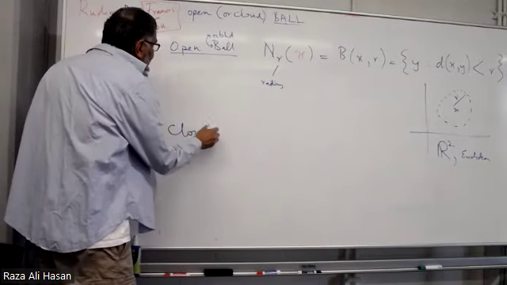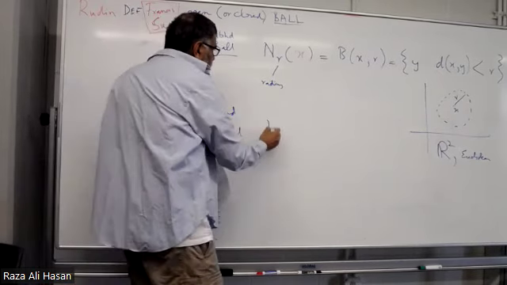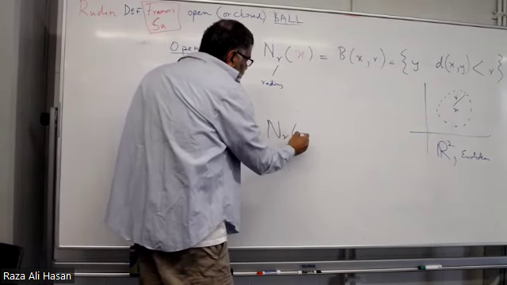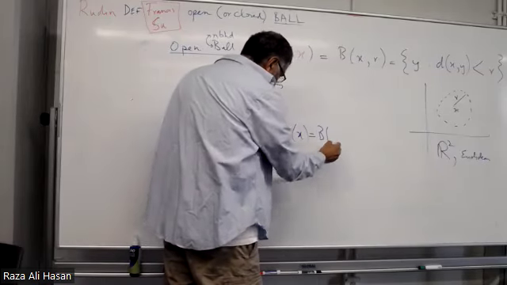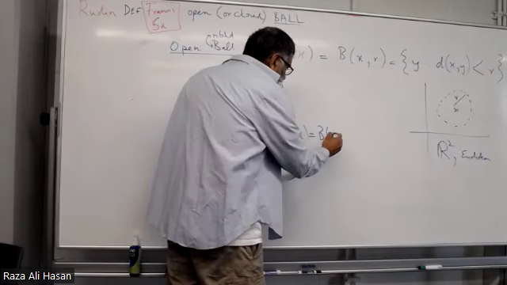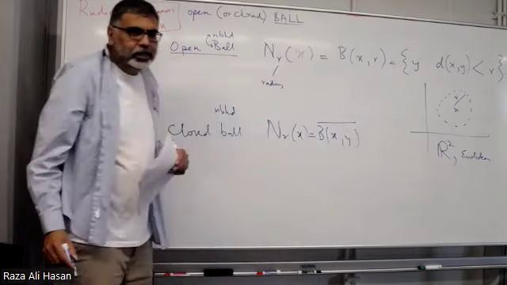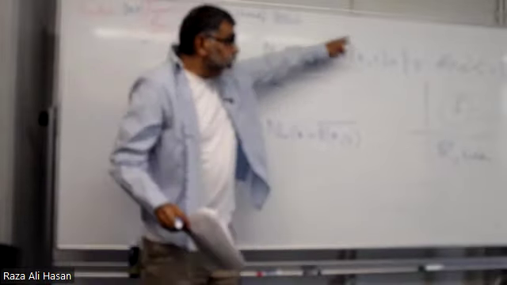Let's do this. Closed ball. Again, this is good. And then r, same. Neighborhood around x with radius r equals B. And this is what the professor does. He puts a line on top of it to show it's a closed ball. And then there's no line here.